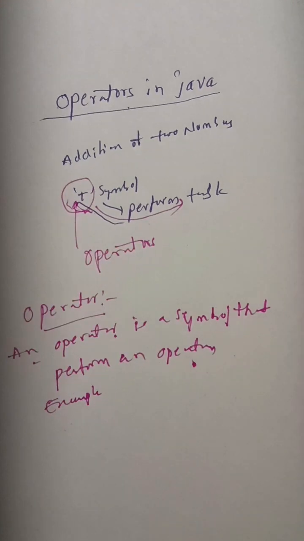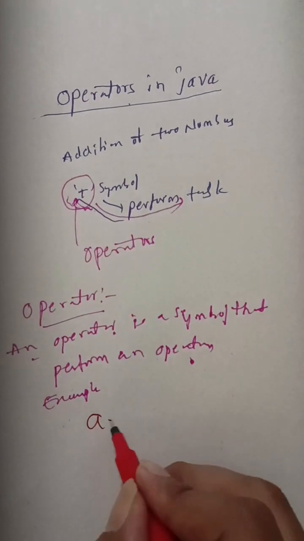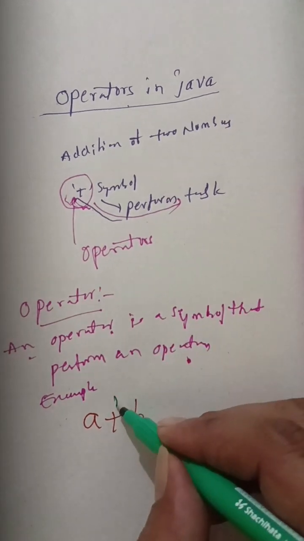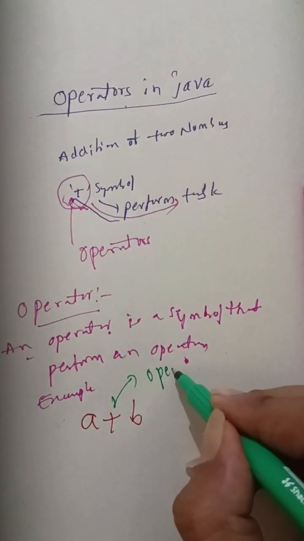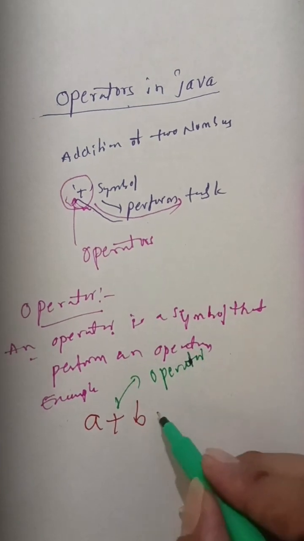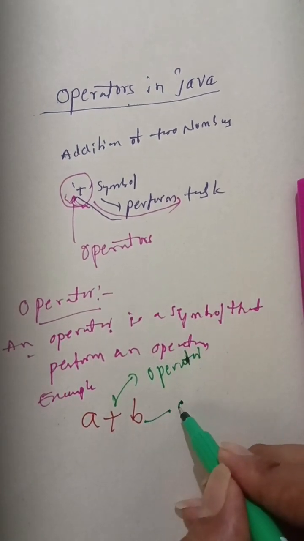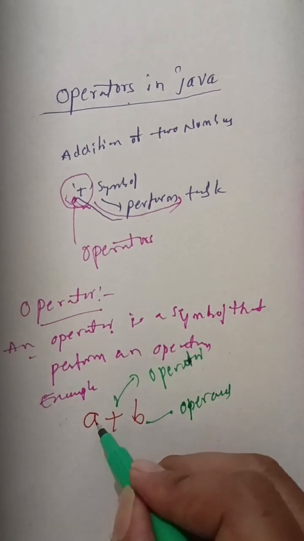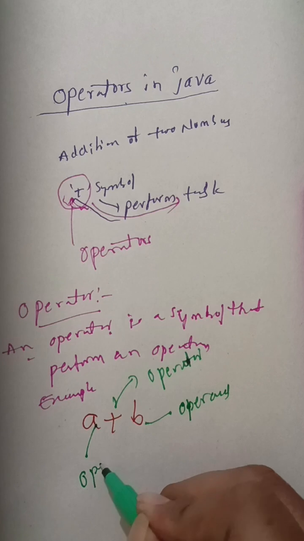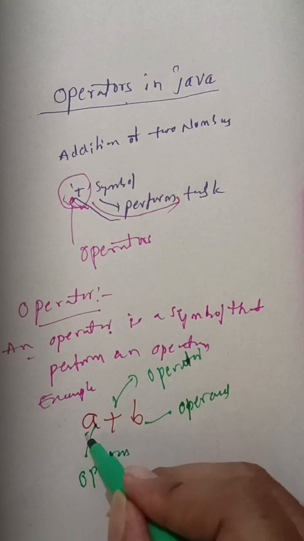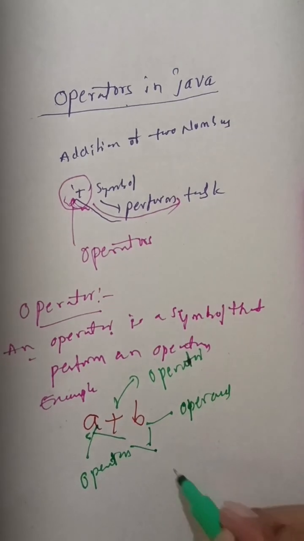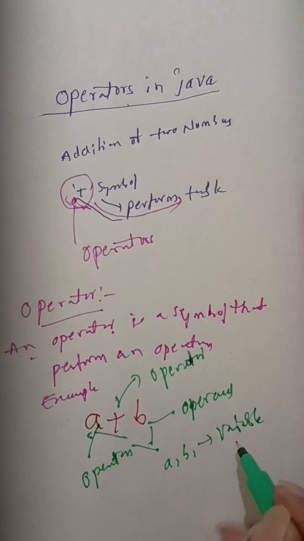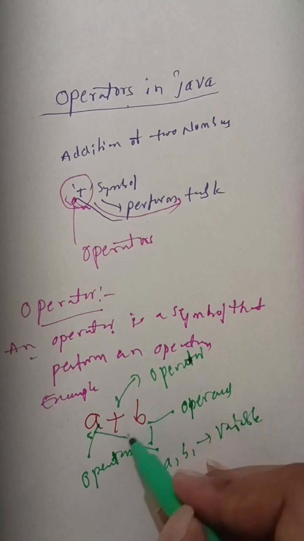we'll take the example a plus b. In a plus b, the plus symbol is the operator. The a and b are called the operands. We also call a, b variables, which are called the operands.